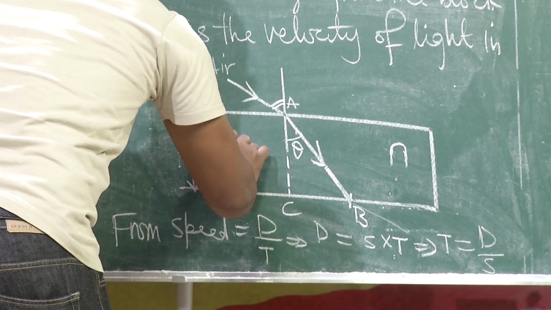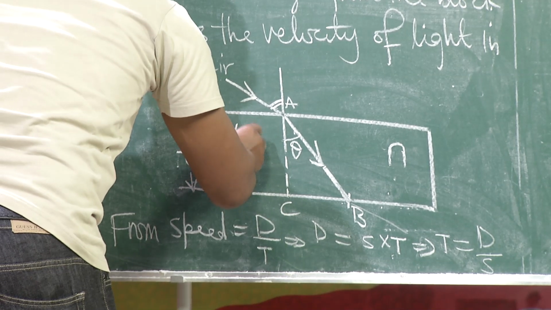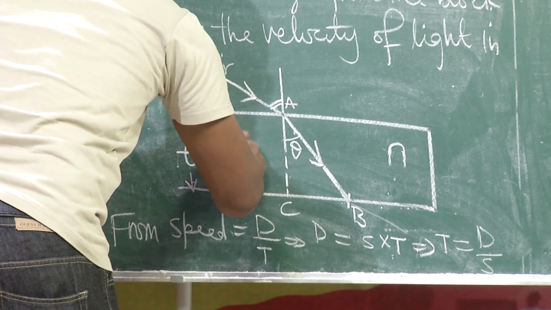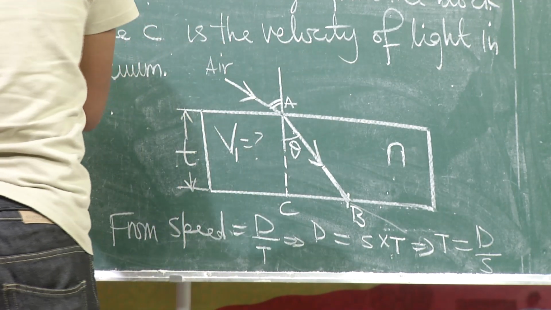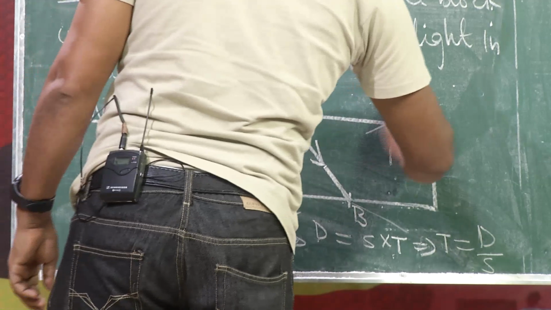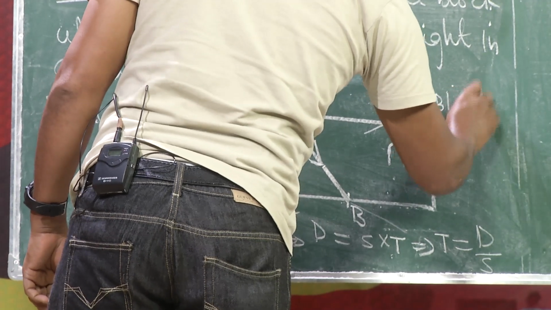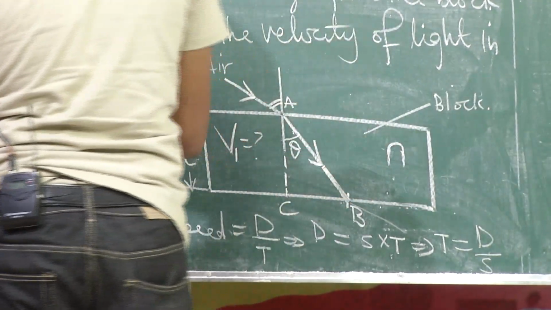If we let the speed in this medium be v1, we shall let the speed be v1 in the block. We have said this is our block, so we can get started.